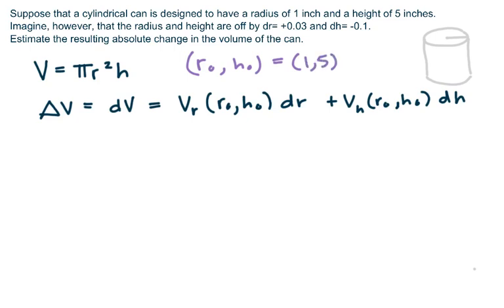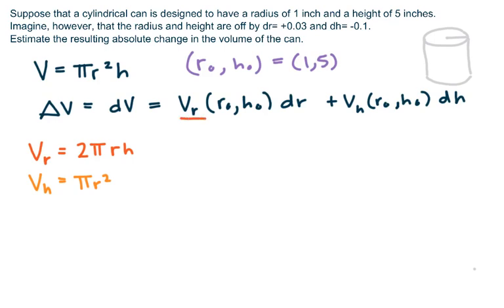So I need to calculate my partial derivatives. Partial v with respect to r is going to give me 2 pi r h, circumference times height, and the partial with respect to h, since pi r squared is a coefficient on h, we just get pi r squared.